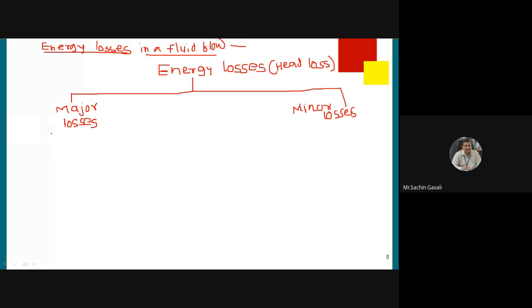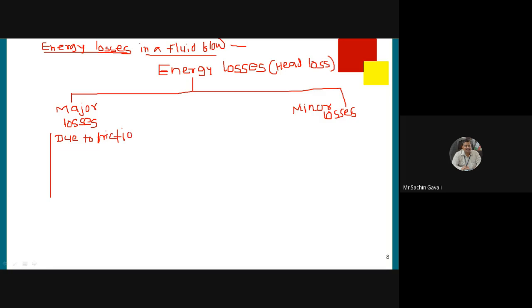These major losses are only due to friction. Write down also, these are due to friction only, whatever the friction is between the internal surface of the pipe and the flowing fluid.